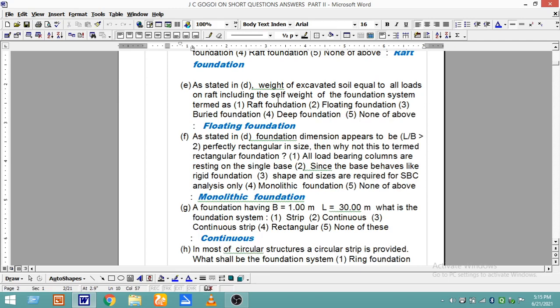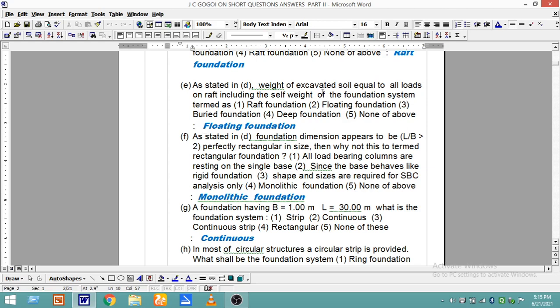When the excavated soil weight is equal to all superimposed load, including the self weight, then it shall be termed as floating foundation.